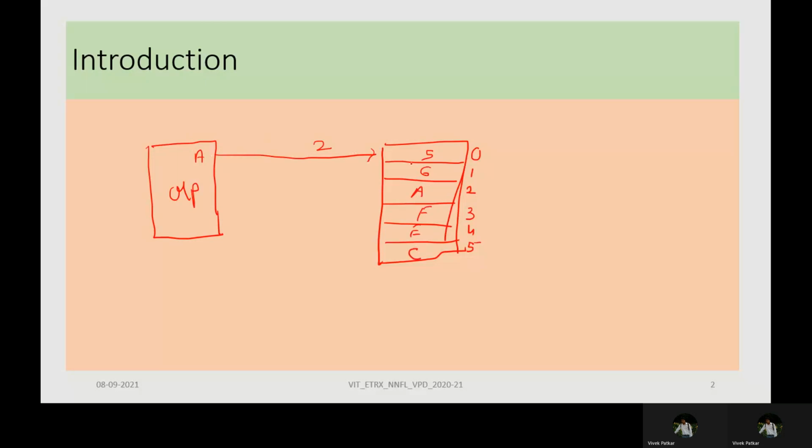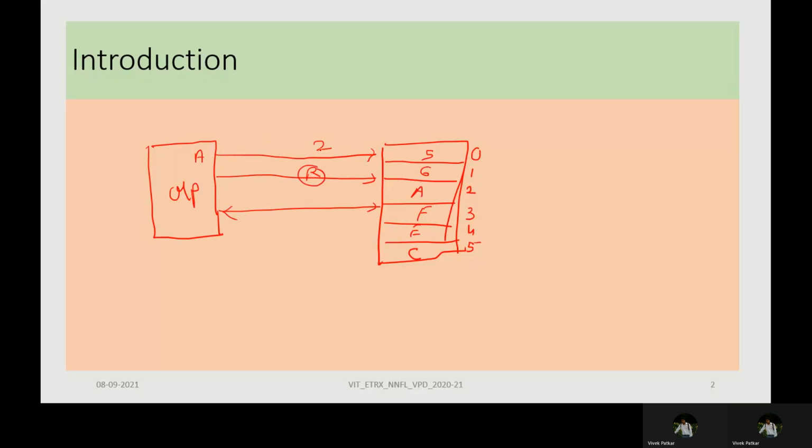Assume that. Then your microprocessor gives the address, say 2. Then it gives a command to this chip called read, and there is a bidirectional data bus here, which can read as well as write depending on the command signal.